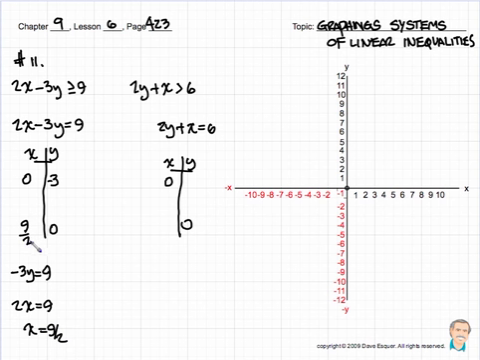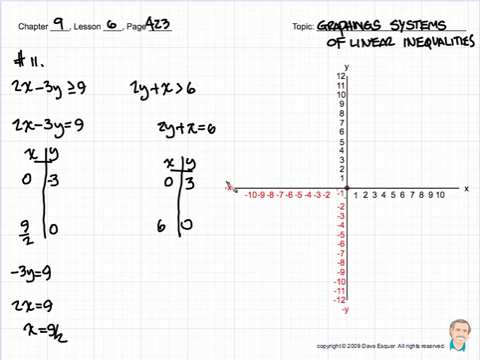So we've got 9 halves. On the second equation, let's make x equal to 0. So this makes 2y is equal to 6. So y is going to be a 3. And if we make y 0, this means just x is equal to 6. So we have the points 6, 0.